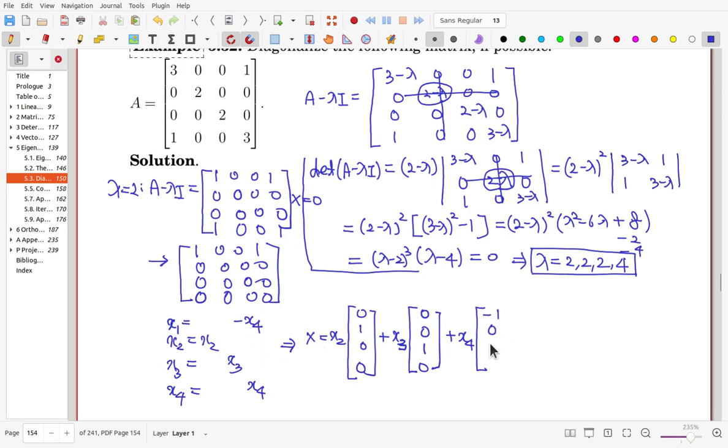We found 3 linearly independent eigenvectors for lambda equal 2.